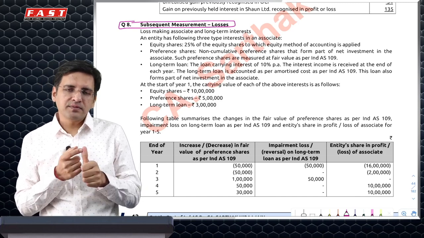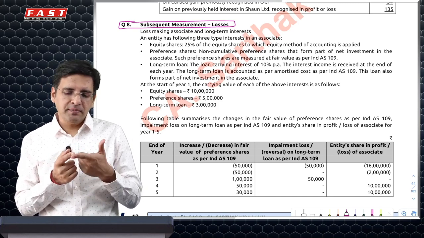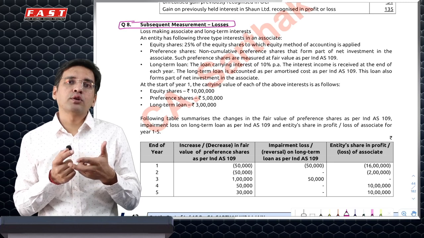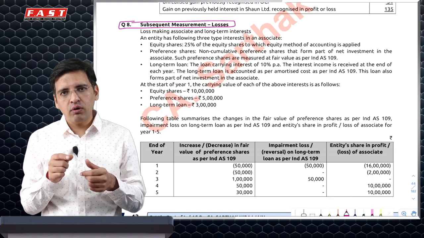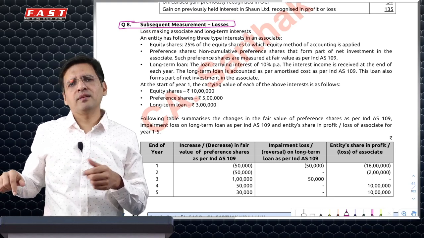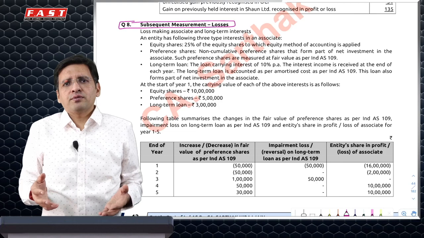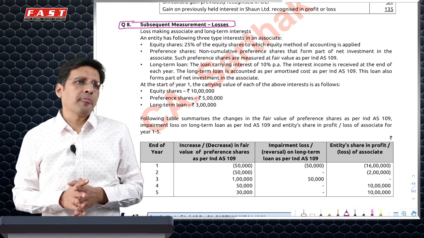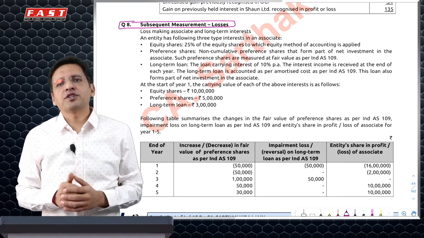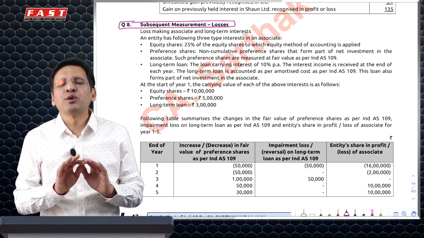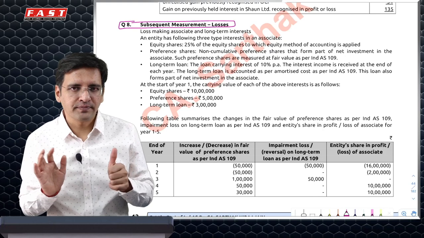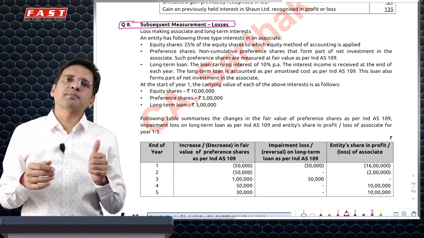I acquired the investment at 20. In the first year, they made a loss of 110. 22 is my share. If I reduce 22, my investment will come to 0 or minus 2. Do I have a liability to pay 2 rupees? No, because these are fully paid shares, and my liability is limited to the share capital. So I simply ignore that loss of 2 rupees. Next year, Paytm makes a profit of 10 rupees.